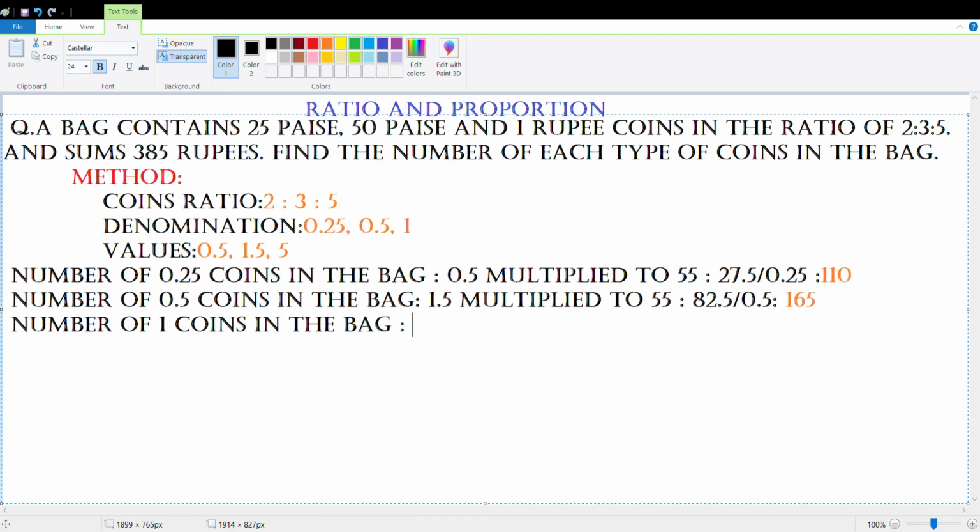So 5 by 7 multiplied to 385. Okay, now again 7 goes into 385 55 times. So we can take this 5 out. Okay, now I'm leaving this to you. 5 into 55 calculated.